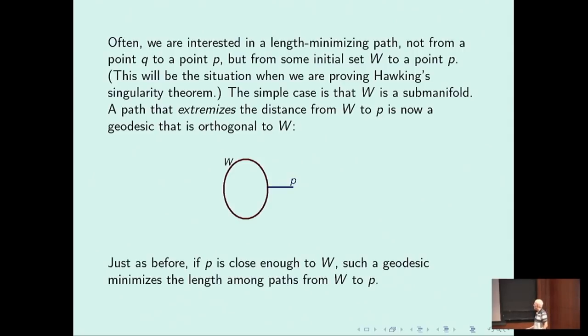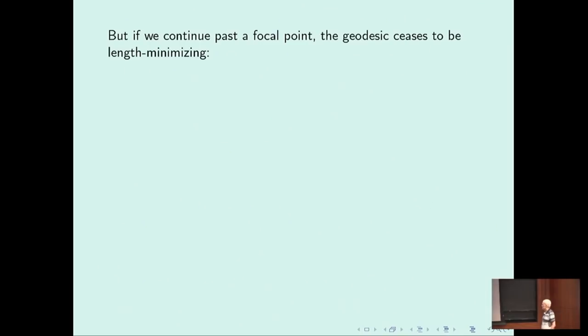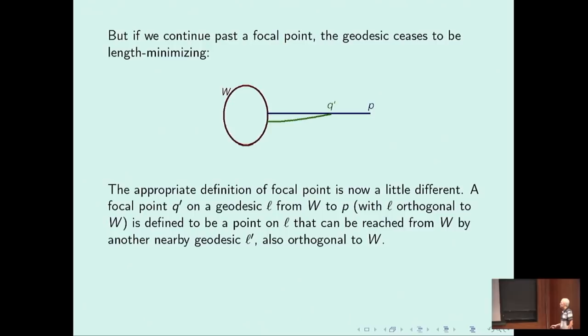Now, just as before, if P is close enough to W, an orthogonal geodesic from W to P minimizes the length among paths from W to P. But if you continue past the focal point, the geodesic stops being length minimizing. Same story. Well, I have to say what a focal point is.